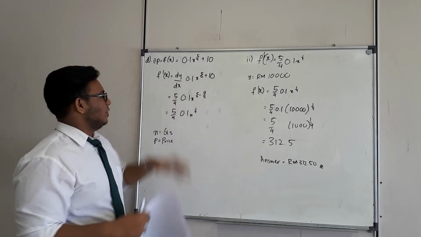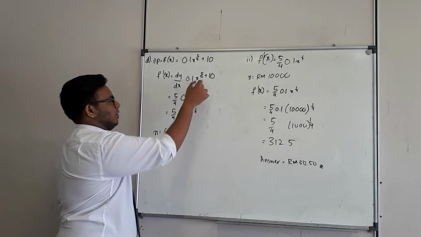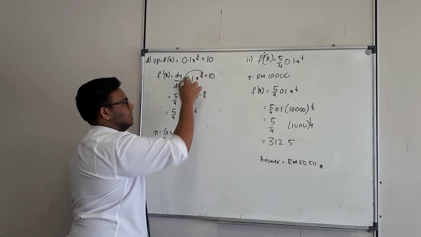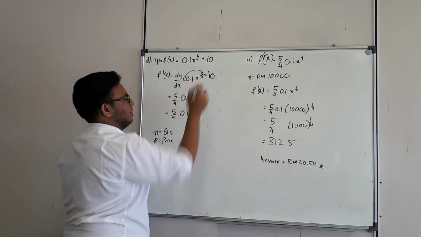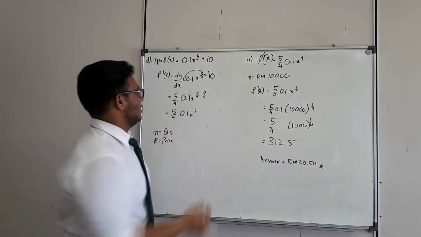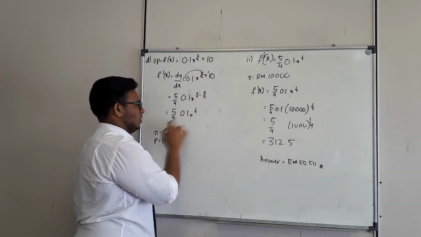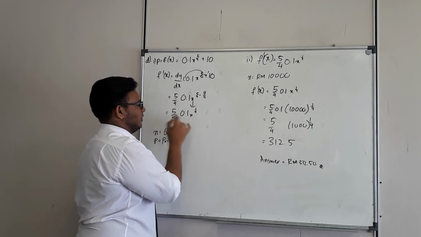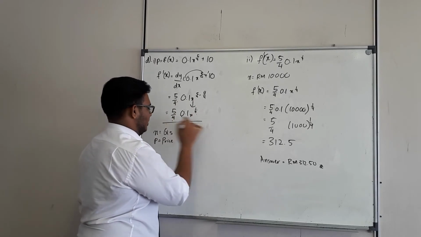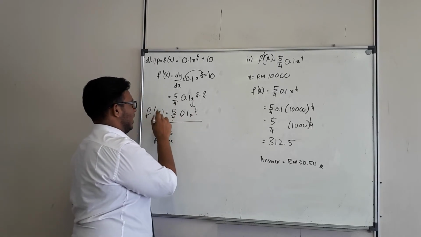The 5/4 will come to the front, and you have to minus 1. 1 is also the same as 4 over 4. So 5/4 minus 1 gives 1/4, so this is your f prime x: 0.1 times 5/4 x^(1/4).